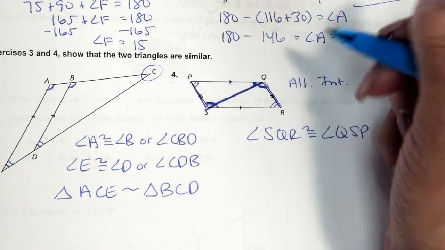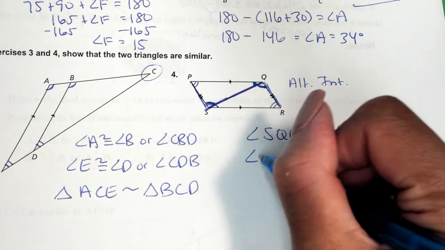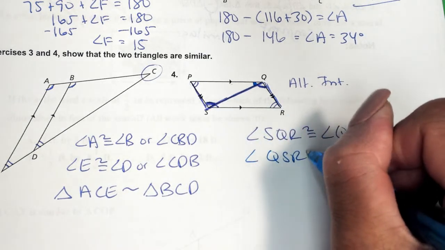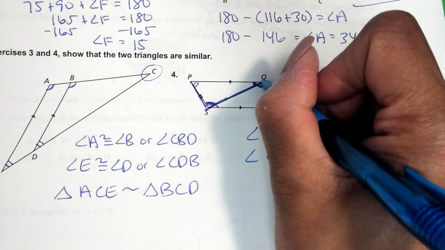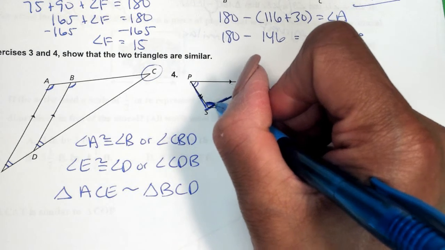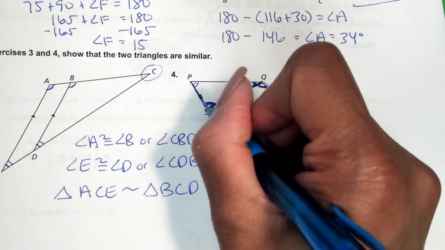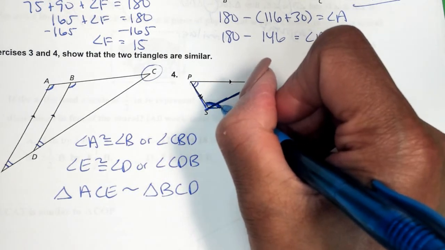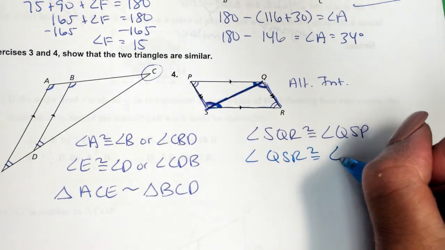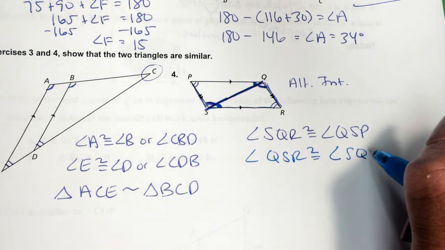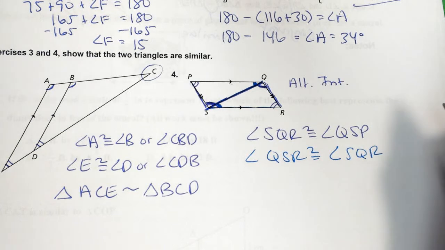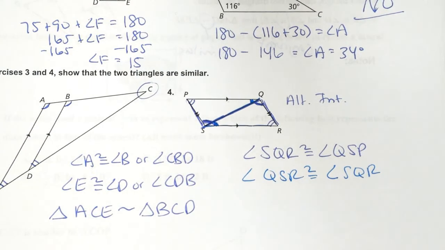And then I'm going to look for the other side. So I have this angle, which is QSR. QSR here is congruent to the other side, which is angle SQR. So those two are congruent to each other.